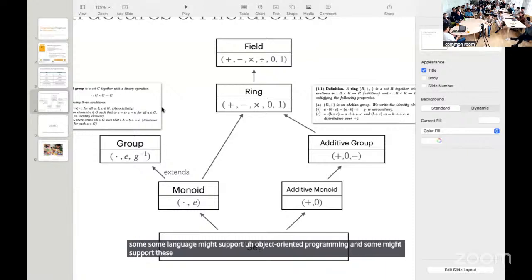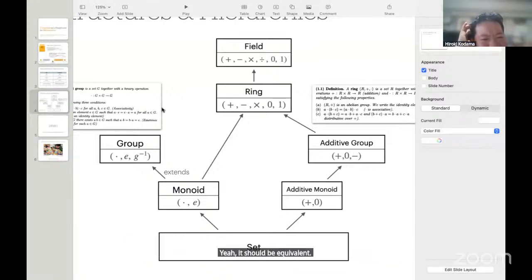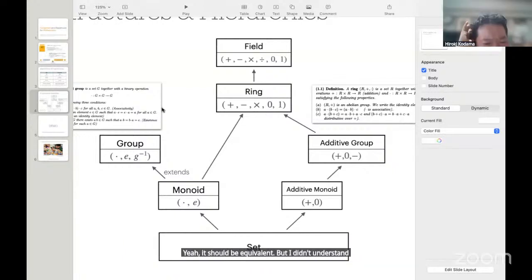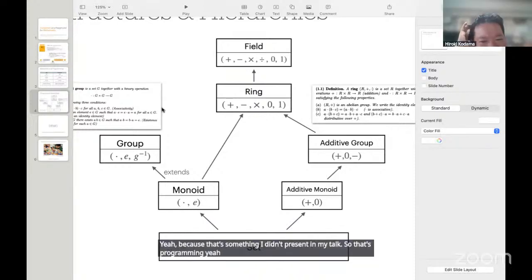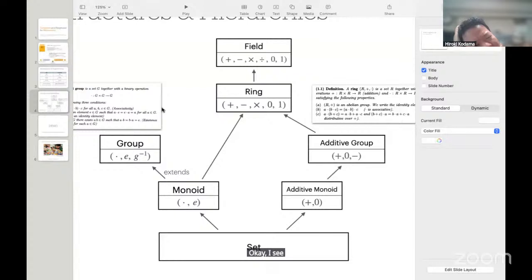I didn't understand what the difference is, because that's something I didn't present in my talk. Okay, I need to connect the mathematical idea and programming. I see, that's enough.